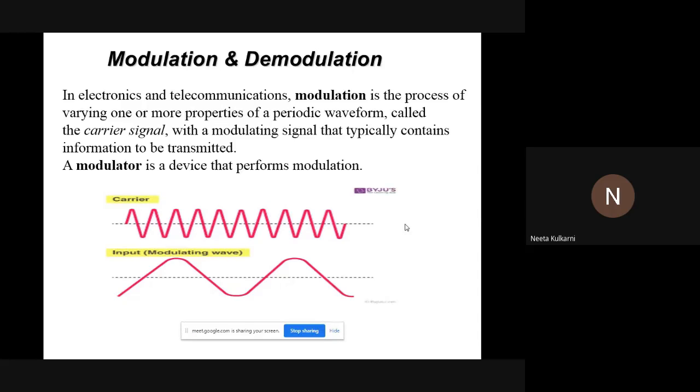Another definition is, modulation is a process of superimposing. Superimpose means mix or overlap. Overlap the high frequency signal with the low frequency signal. Which signal has the high frequency? Carrier or modulating? Which signal has the higher frequency, the carrier or the modulating?